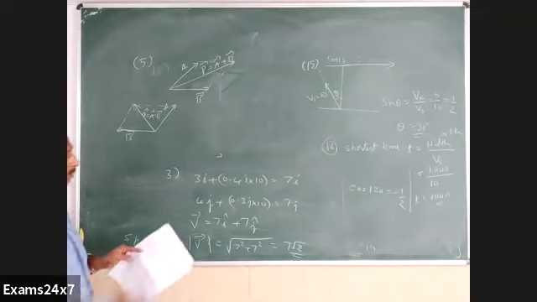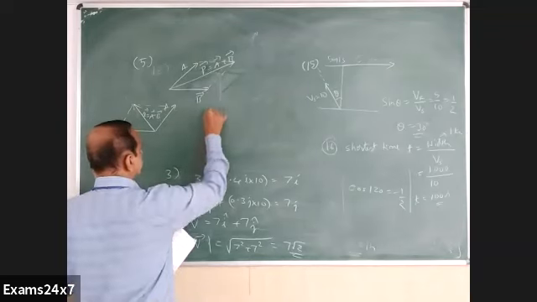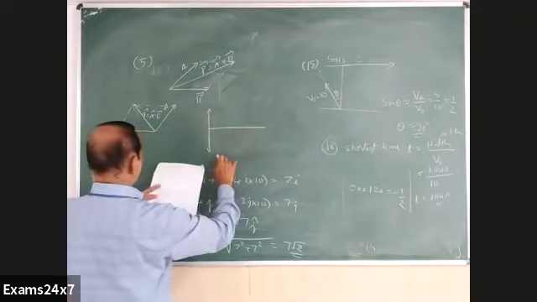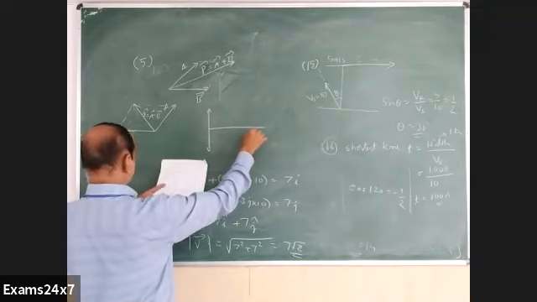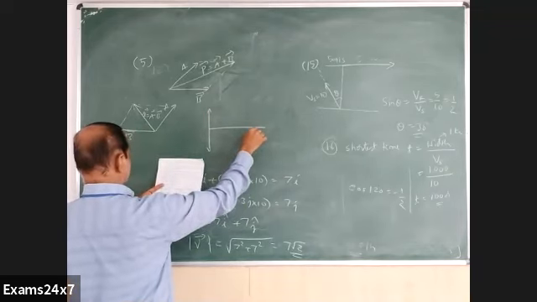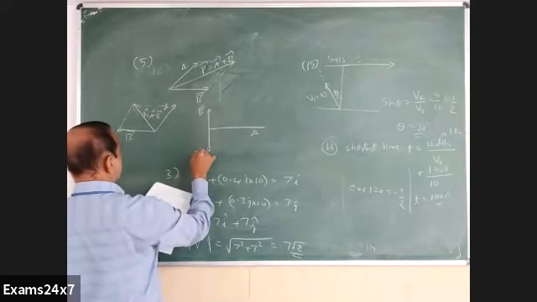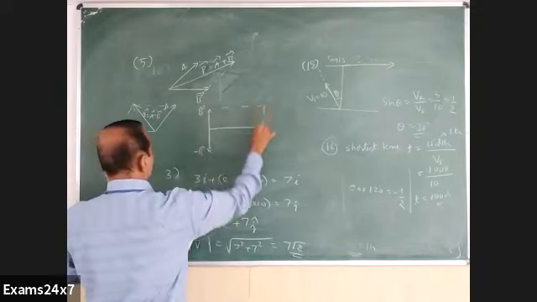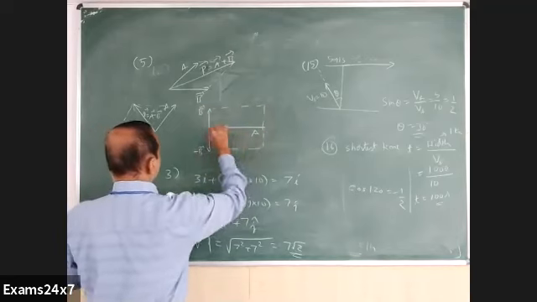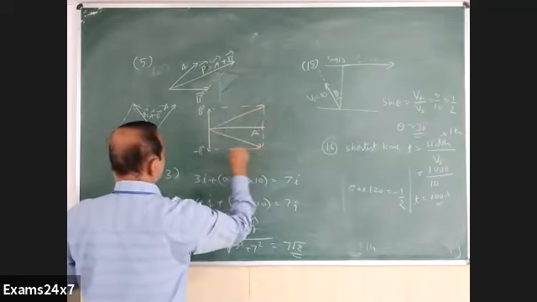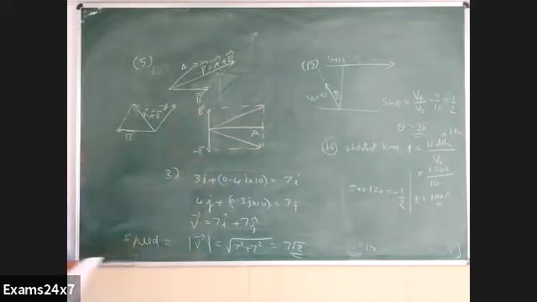If you have A and B like this, here is A and this one is B, this is minus B. Now, don't you have the same magnitude in both the cases for B positive and B negative?